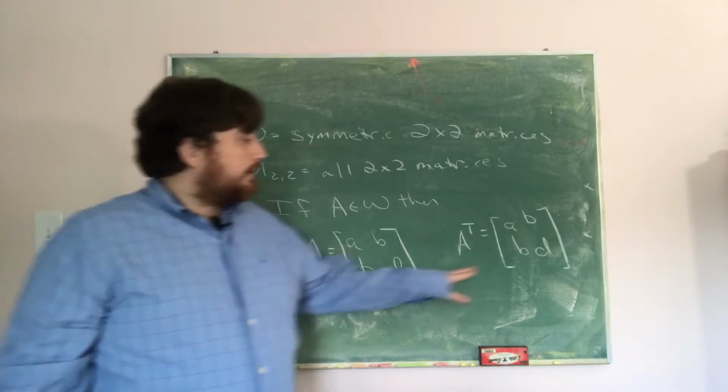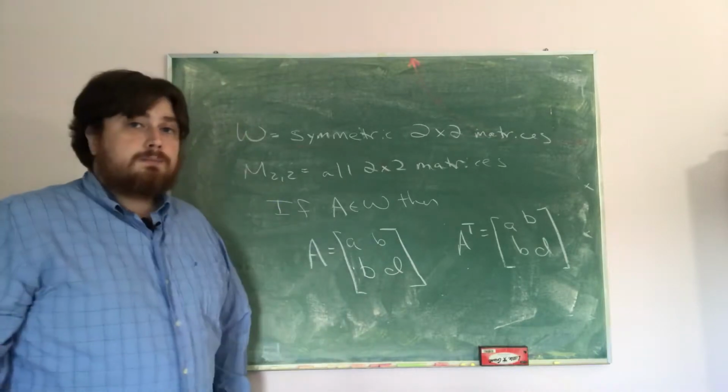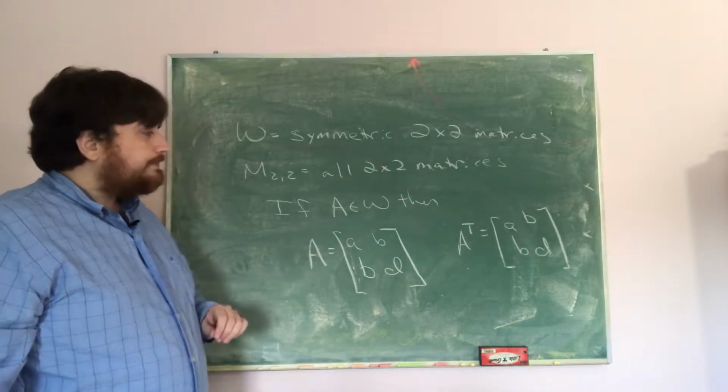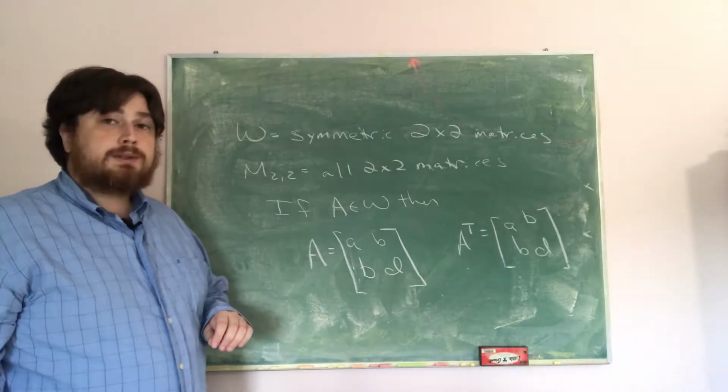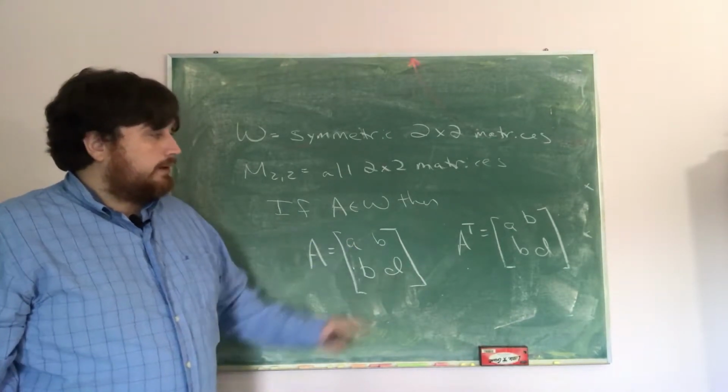And if we check D equal to D, that's always true. So what we get is that a 2 by 2 matrix is symmetric if it can be written in the form A, B, B, D.